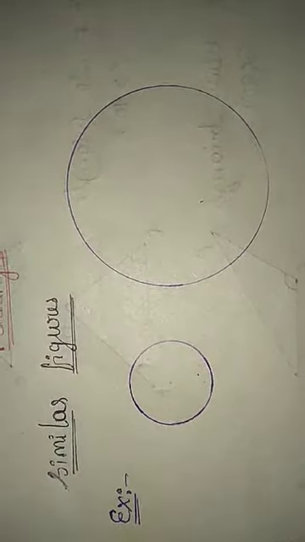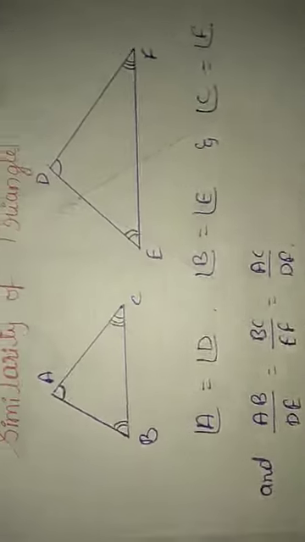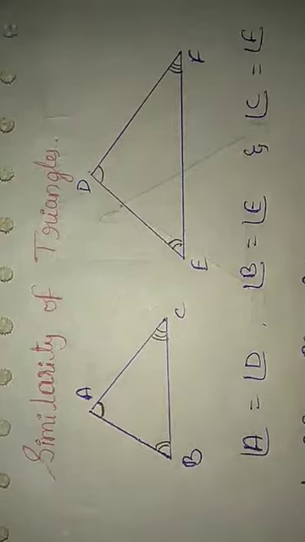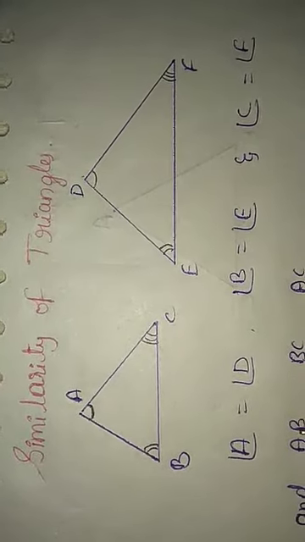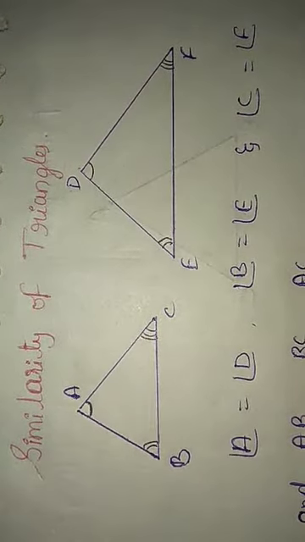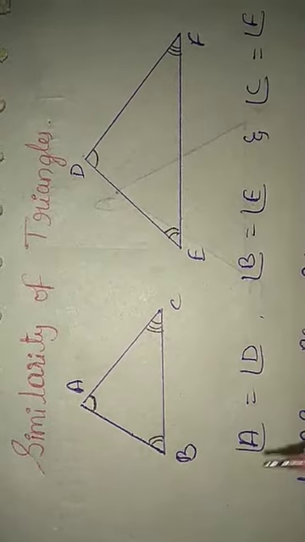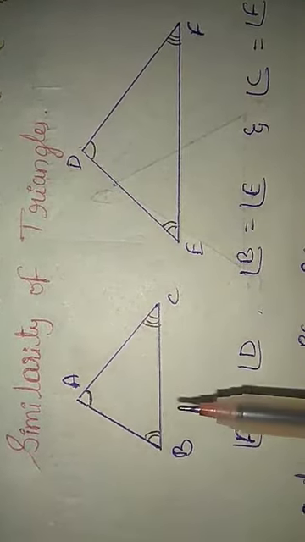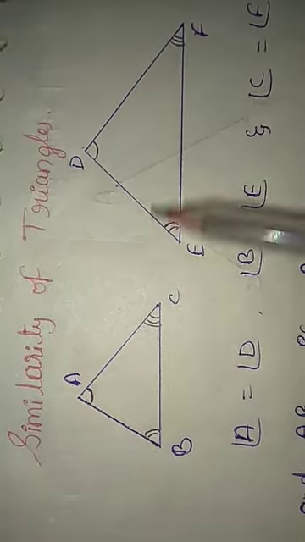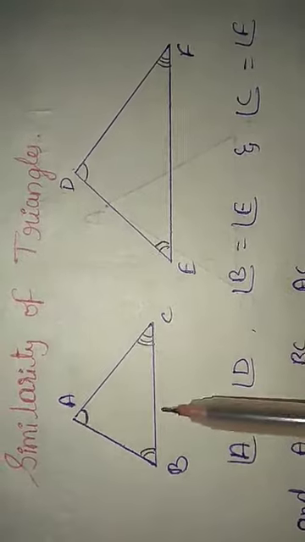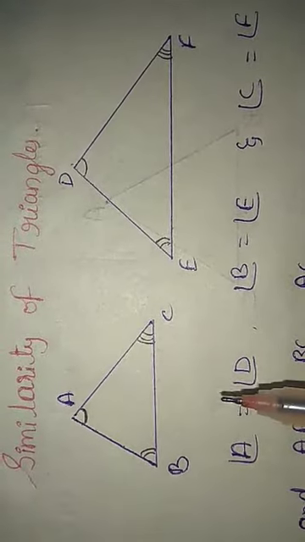We will continue with similarity of triangles, since this chapter is based on triangles. Triangles ABC and DEF are said to be similar if their corresponding angles are equal and corresponding sides are proportional.